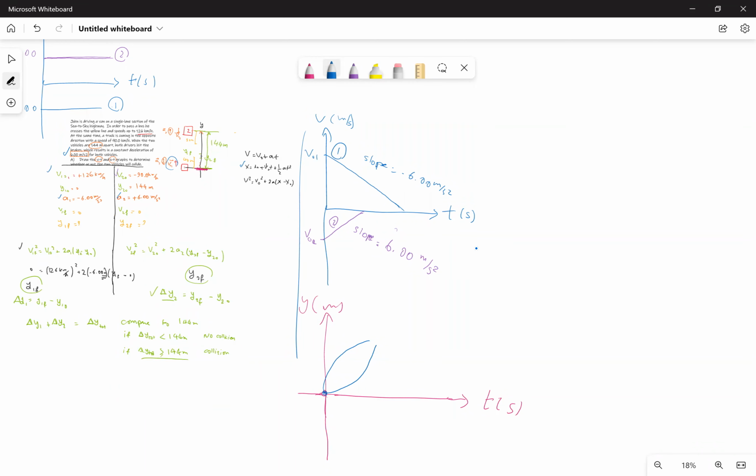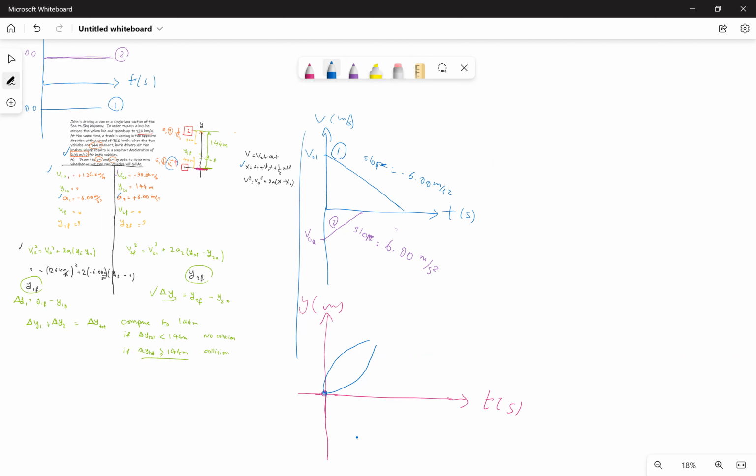So I want to choose between these two curves. Which one do I choose? I'm going to take a look at the velocity time graph. It starts from a positive number, and it's going to approach 0. So the slope should approach zero as time progresses.